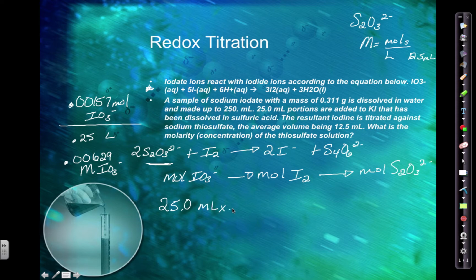Okay, so now what I'm going to do, I'm going to go from my volume of my iodate to moles of my iodate that I actually used. I only used 25 milliliters of this iodate solution. Okay, so I'm still going.